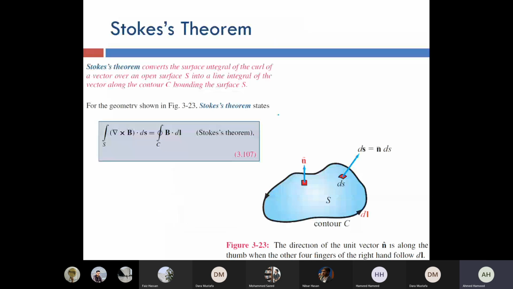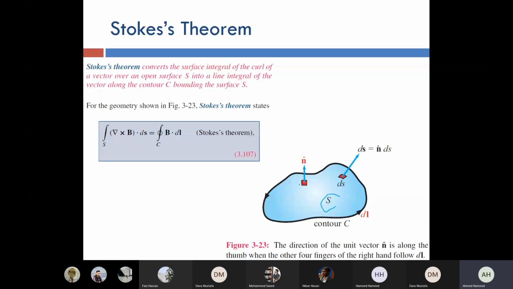Then Stokes theorem, which is used to convert the surface integral of the vectors over an open surface. So we have this open surface which will be converted into a line integration of vectors through any surface S and so on.